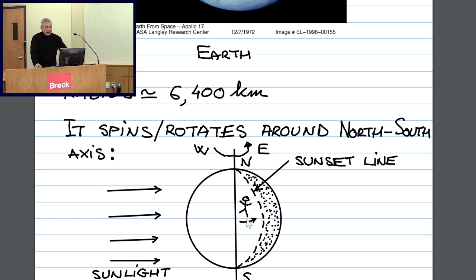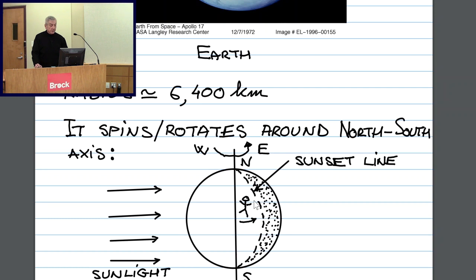And what does this observer see as he approaches the area that is in the shadow? This line here that divides the two sides, the one that is illuminated by the sun and the one that is in the dark, is called the sunset line.